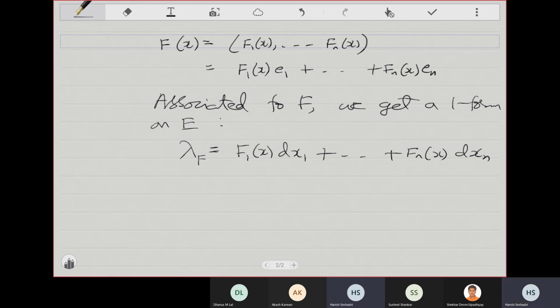Now comes the part about, let's say, n equals 3. This will work only for this one.